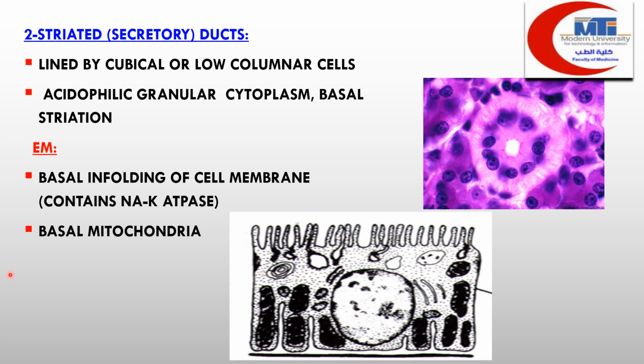By electron microscope, cells show the character of ion transporting cells with basal plasma membrane enfolding and basal mitochondria. This is because these cells are involved in modification of electrolyte composition of saliva.